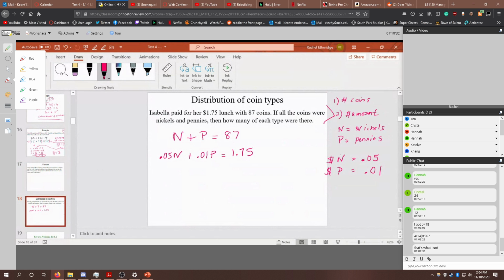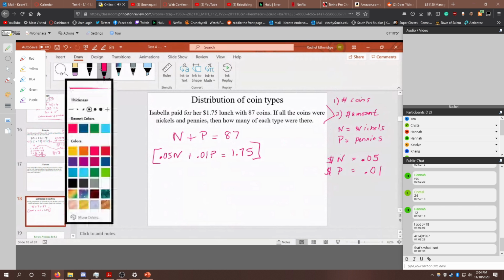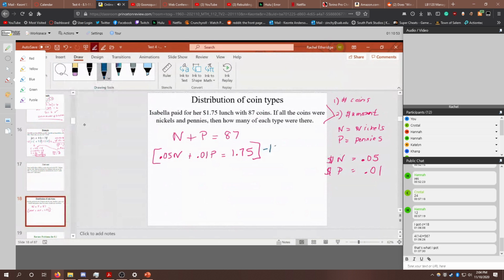Now, if I multiply by negative 100, that's going to move those decimals 2 places to the right. So it's going to get rid of the decimals. It's also going to make the p's cancel out. So I'm going to take this second equation and multiply it by negative 100 on both sides.